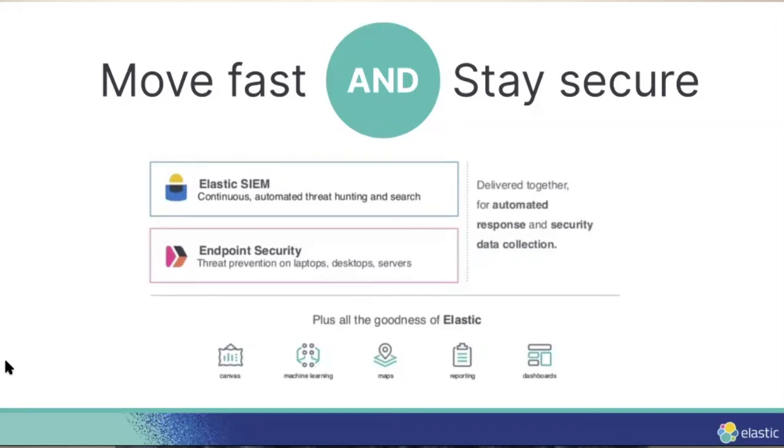Elastic offers both Elastic SIEM and Elastic Endpoint Security, which deliver an automated way of responding to security events and preventing those events. It unifies SIEM and security, enabling security operations teams to prevent, detect and respond to attacks by collecting diverse data and performing both automated and analyst-driven analysis, responding via embedded workflows and automation.